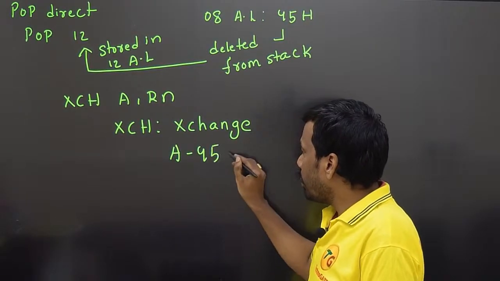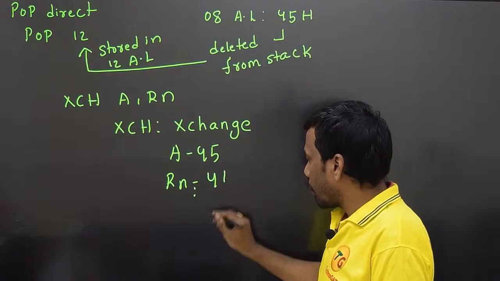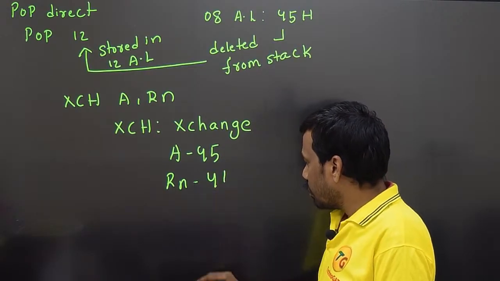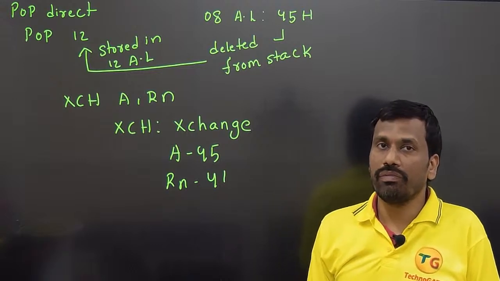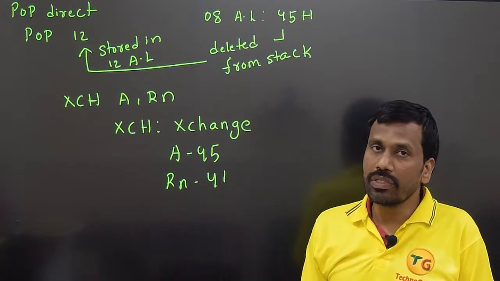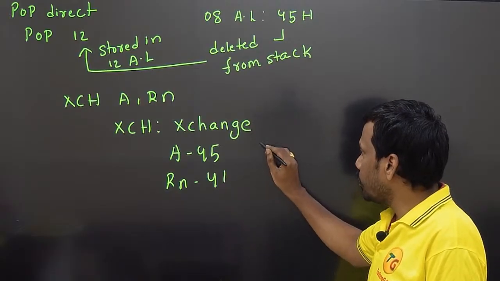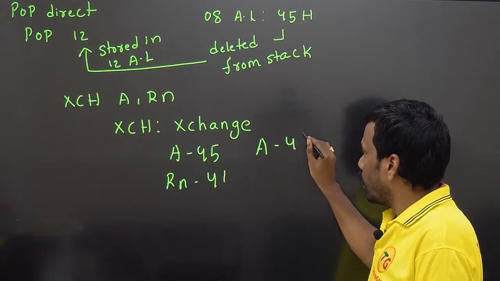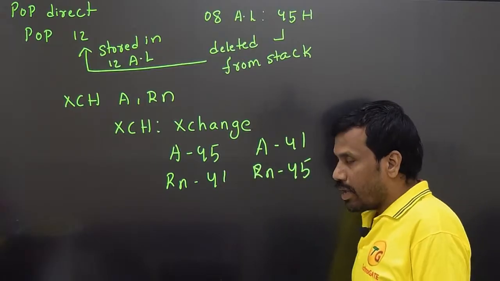In Rn we have 41. So what A contains? A contains 45. And what Rn contains? 41. Now this will be exchanged. Exchange means what? A is 41 and Rn is 45. Okay. So we are simply exchanging.